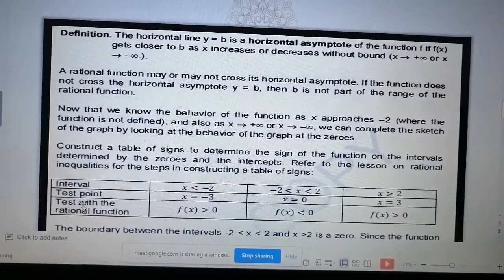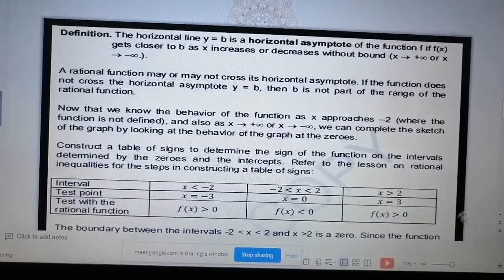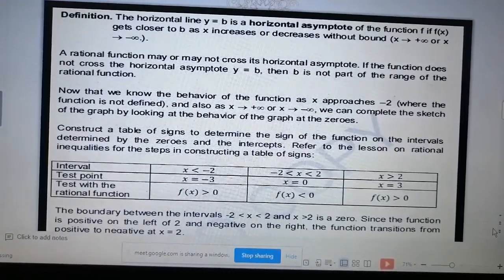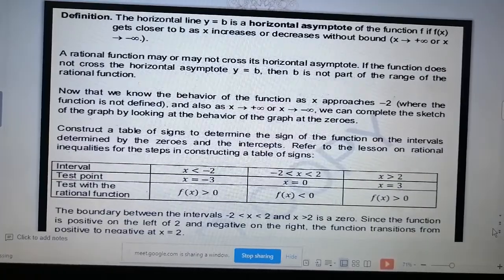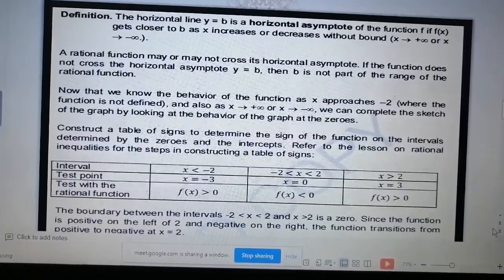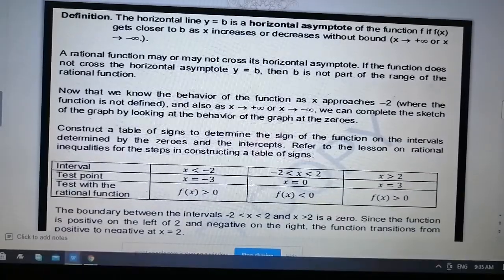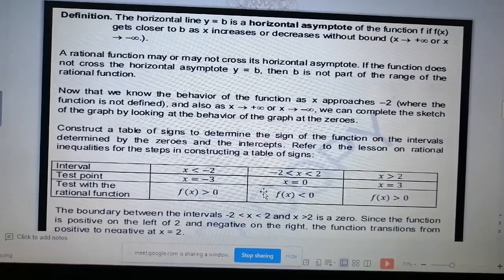Since the function is positive on the left of 2 and negative on the right, the function is transitioning from positive to negative as x is equal to 2.